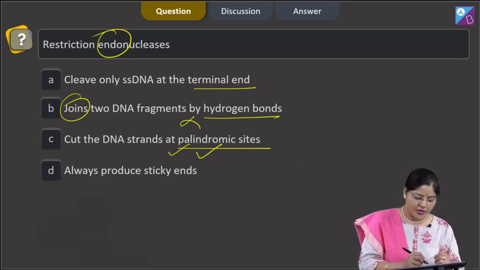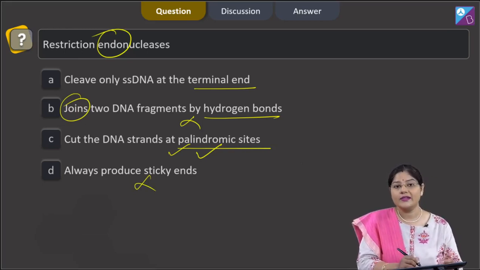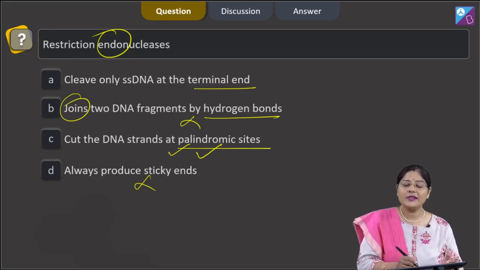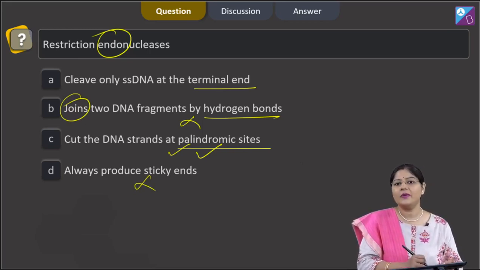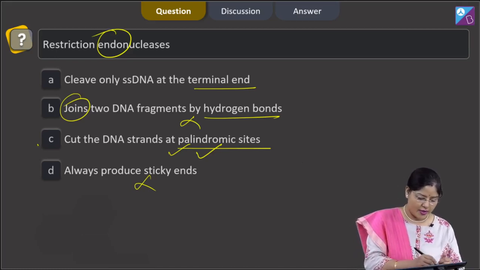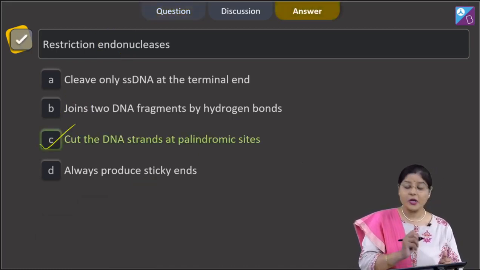Fourth option, always produce sticky ends. This is incorrect because restriction endonucleases may produce sticky ends or blunt ends. For example, EcoR1 produces sticky ends while SMA1 produces blunt ends. So, correct answer to this question is option number C.